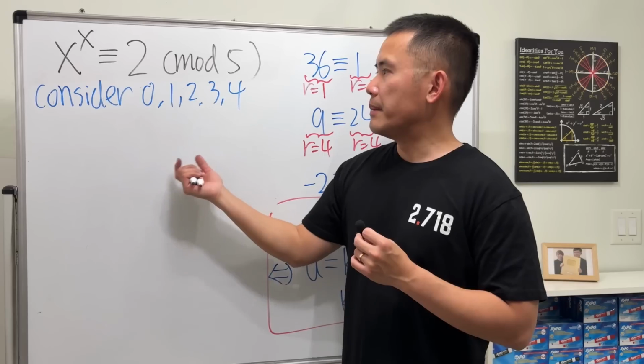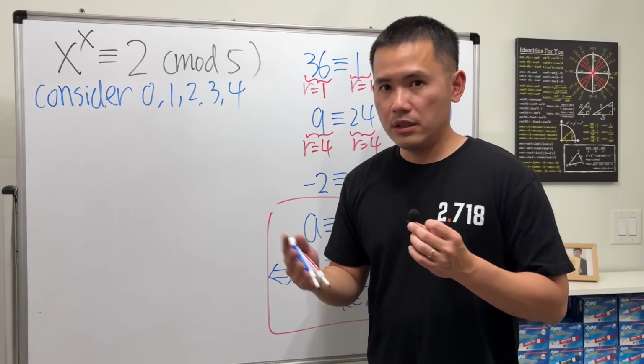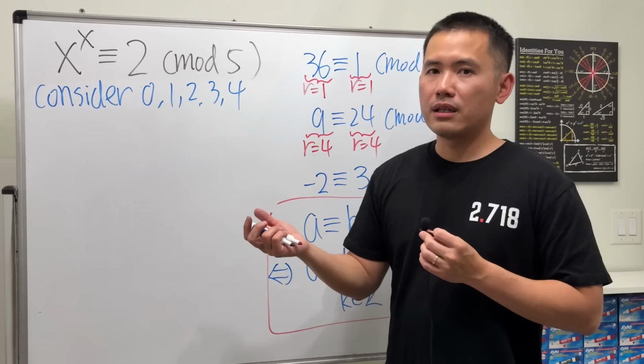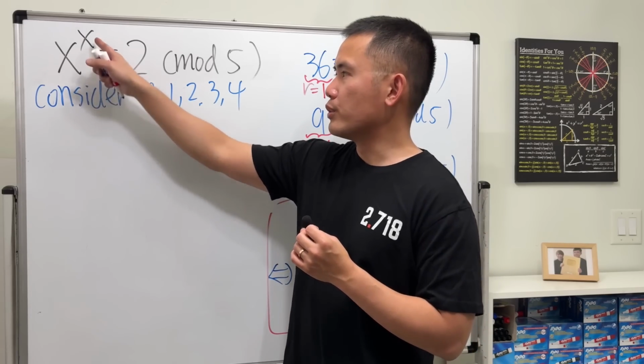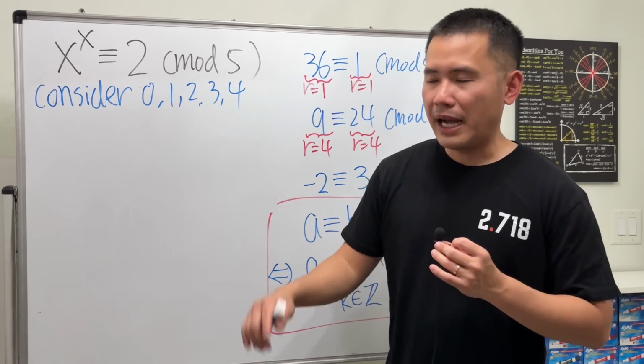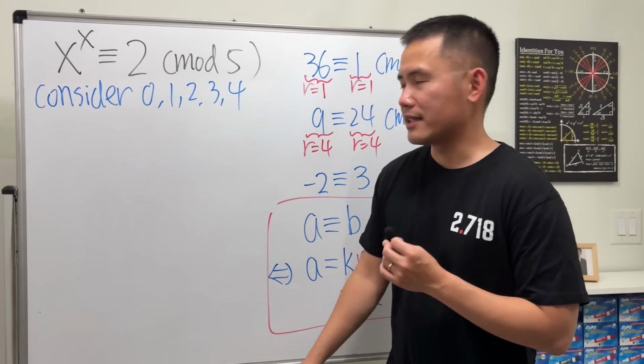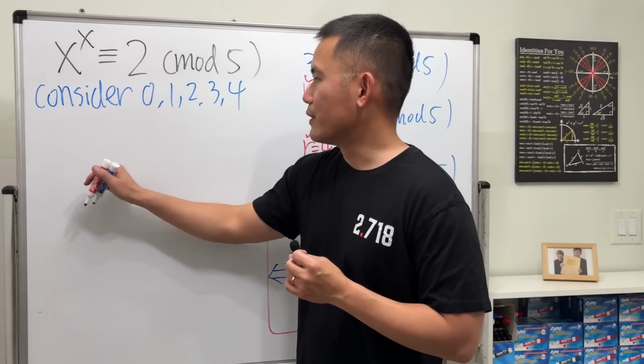Let's just go ahead and plug them into the expression and see if we get remainder 2 or not. First we have 0, but I really don't want to put down 0 to the 0th power because nobody likes it. So I'm going to start with 1 first.